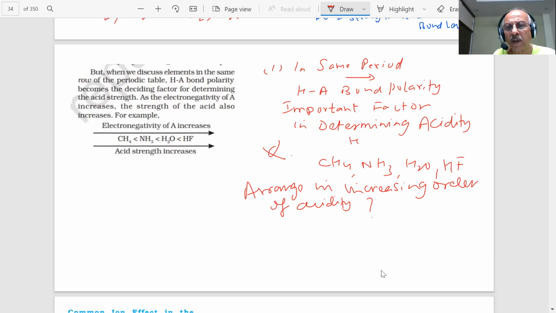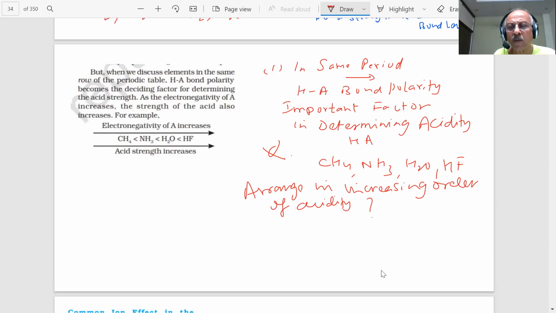So you have H-A. CH4 will be the least acidic. What is happening here? As the electronegativity is increasing, bond polarity is increasing.